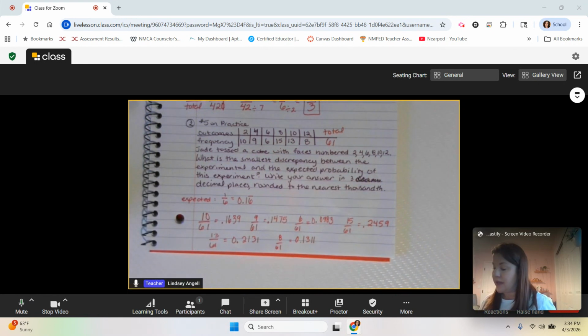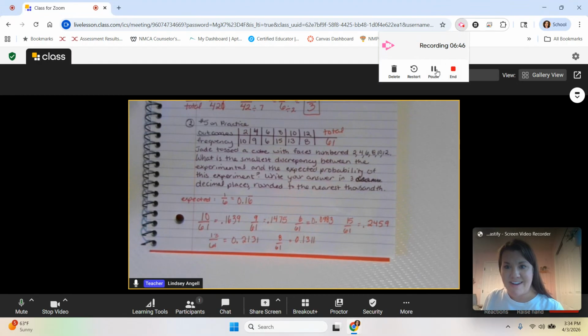0.1311. Okay, so for this one, what we're going to want to do is find the lowest number on here, and we will go from there.